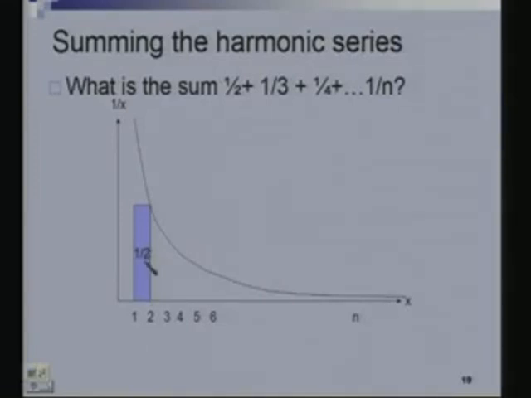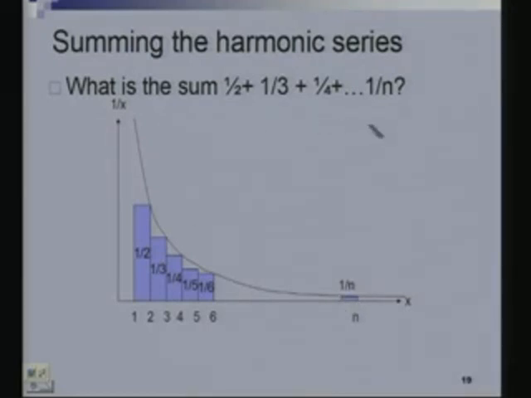So what is its area? 1 by 2, half. The next one will be 1 by 3, because I have drawn a line here at 3. So area 1 by 3. So I am getting the terms here. Next one 1 by 4, 1 by 5, 1 by 6. The last one at n, I will draw it in this manner.